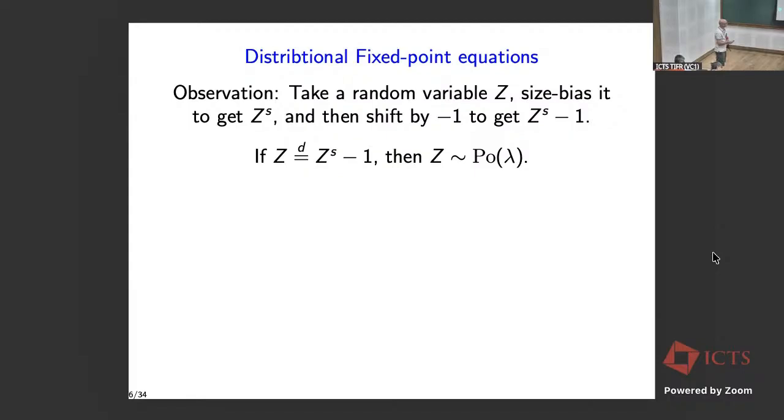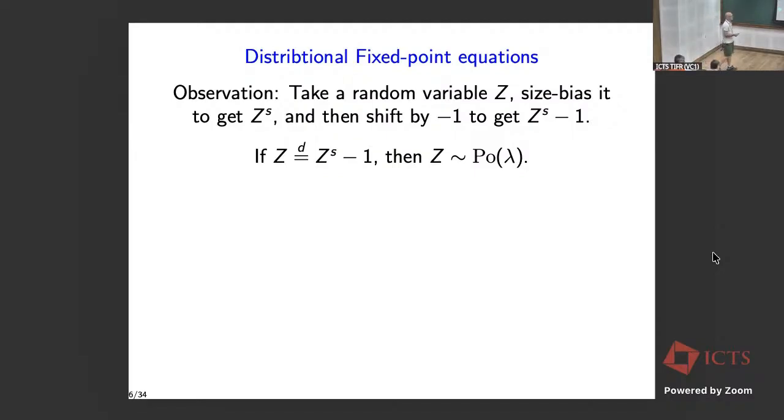So you take Z, size bias, and remove 1, and this is a fixed point equation. You're looking for a distribution such that if you size bias it and subtract 1, you get back the original distribution, and you can find out that the Poisson distribution is the only one that satisfies this fixed point equation, okay?